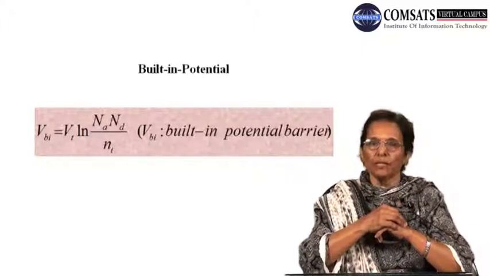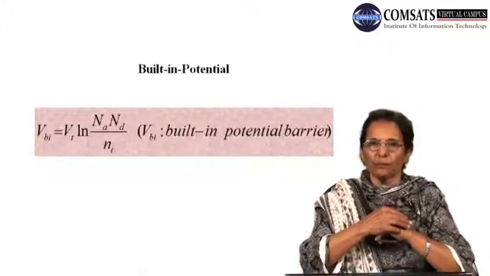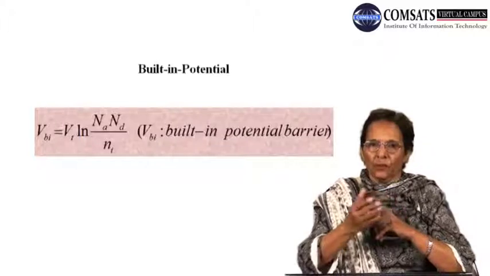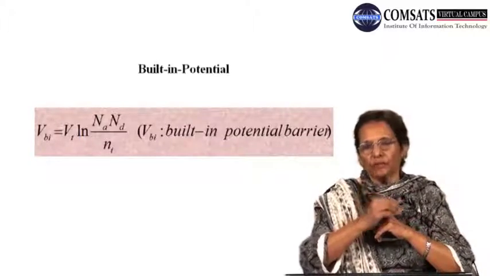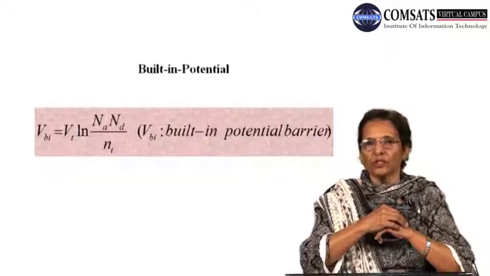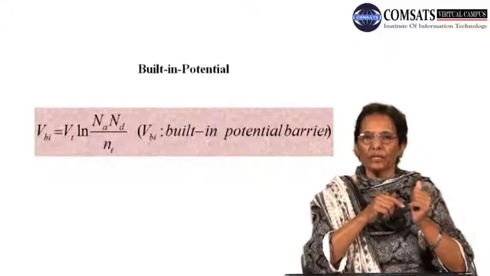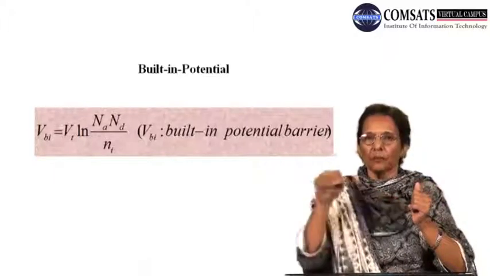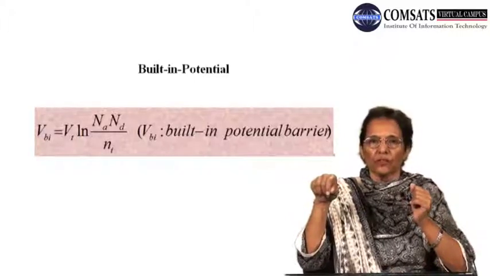Similarly, in the P-type material, because you have added the acceptor impurity, holes would be larger than the electrons, but yet the product N dot P equal to Ni square would hold not only on the N-type side of the semiconductor material in the bulk region, but also on the P side of the diode in the bulk region.